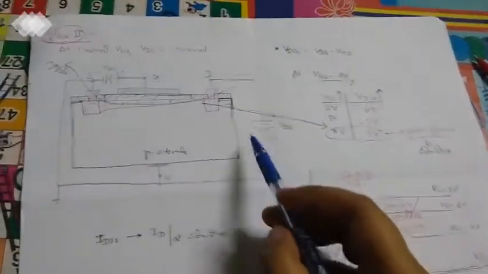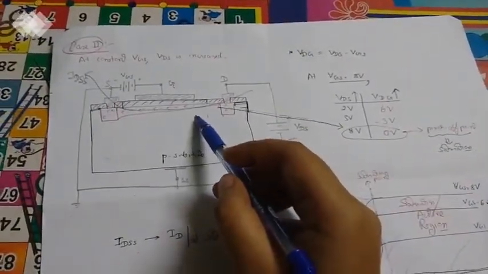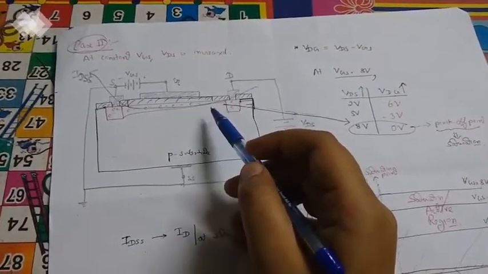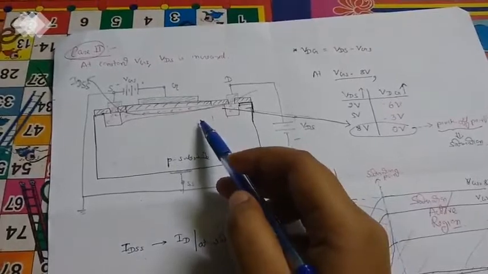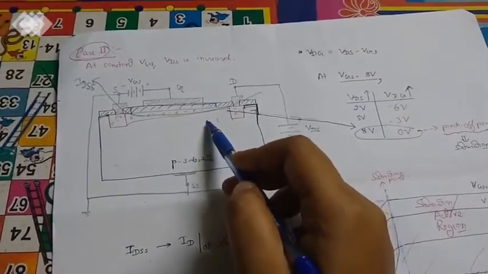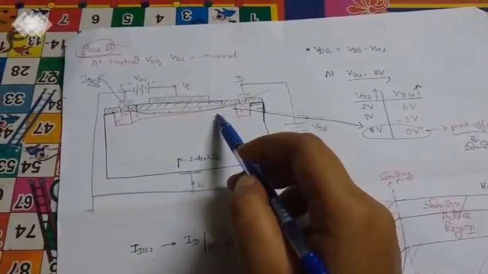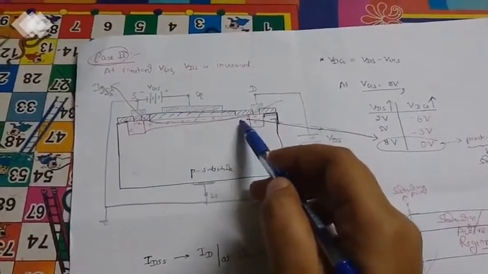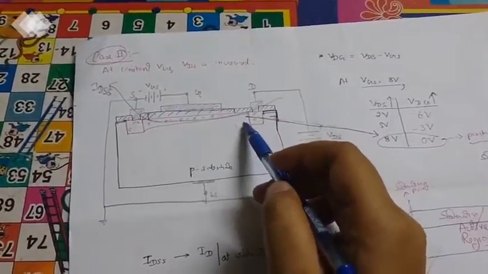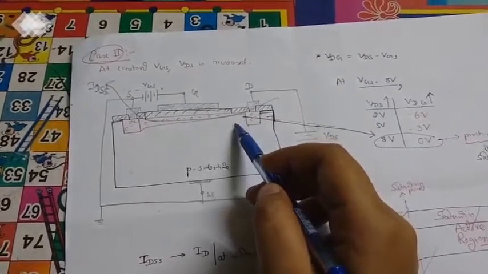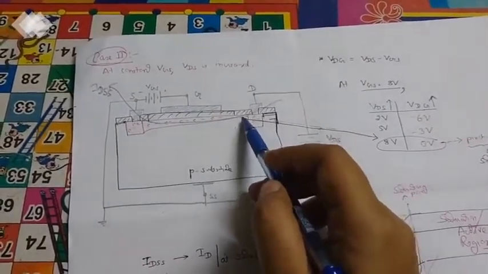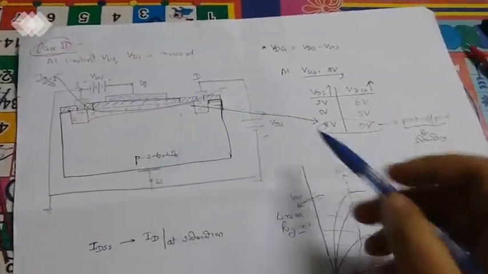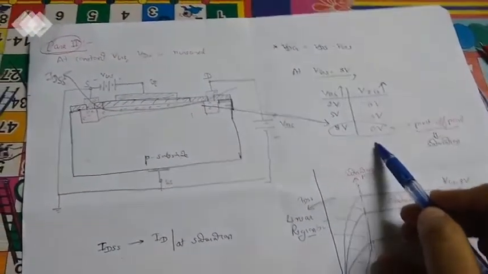Because of this, the field intensity near the drain will decrease, and this decrease in intensity will cause fewer electrons to be accumulated in this region. As we increase VDS, this channel gets slimmer and slimmer, and a point is reached where this VDG becomes 0.